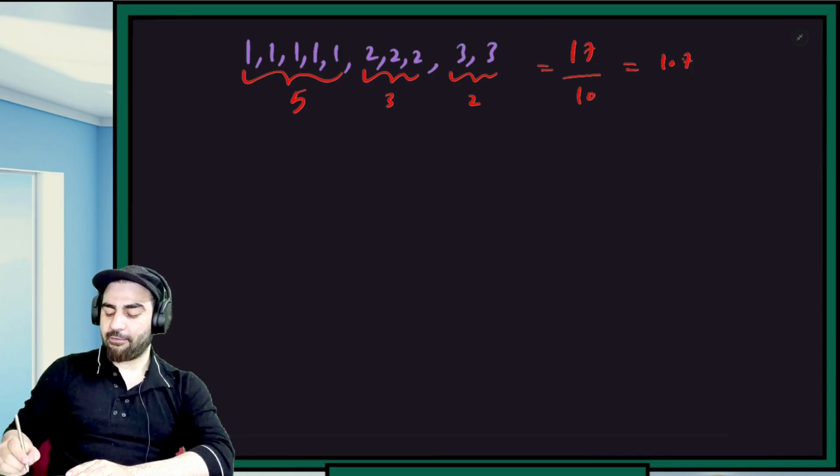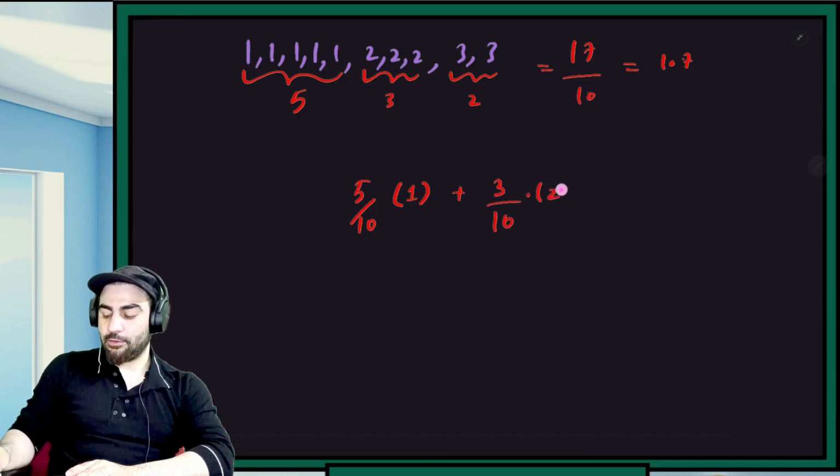I can say I have 5 ones. So in total, this is 10. So I should say 5 by 10 multiplied by 1, because I have 5 ones. In total I have 10, plus I have 3 twos divided by 10, multiplied by 2, plus I have 2 threes.